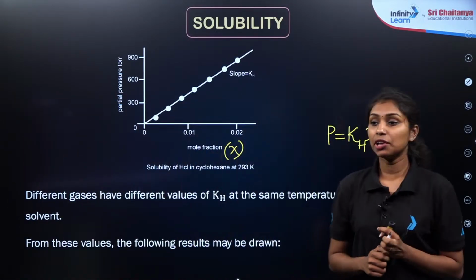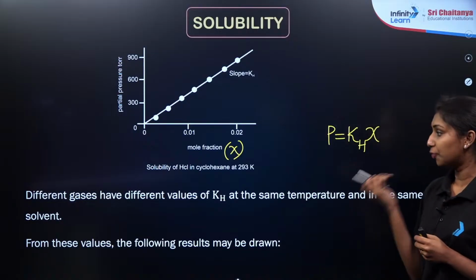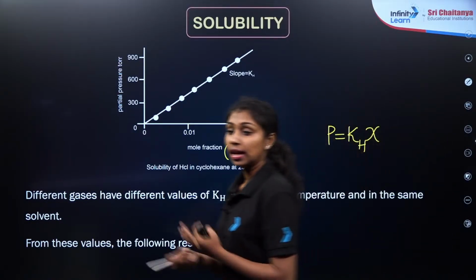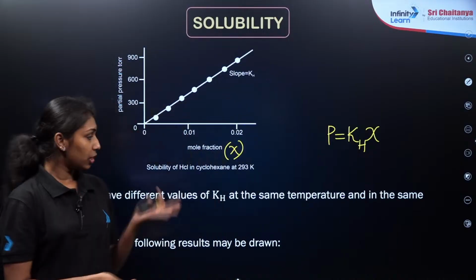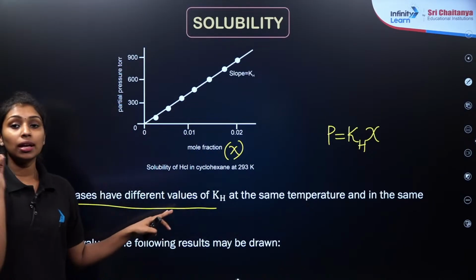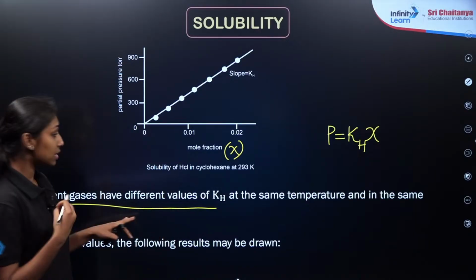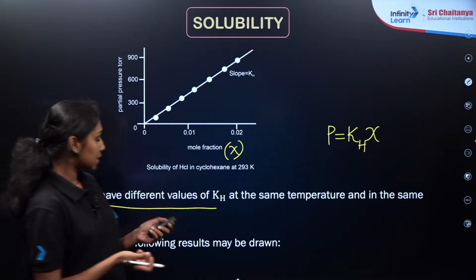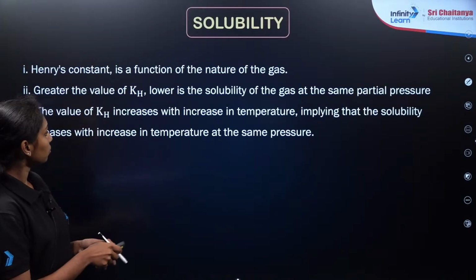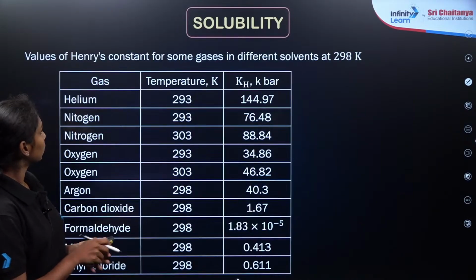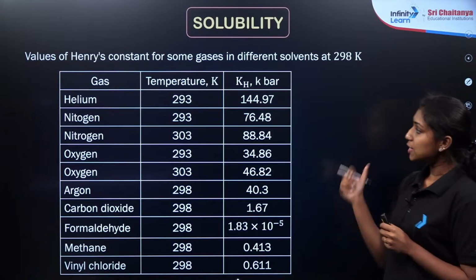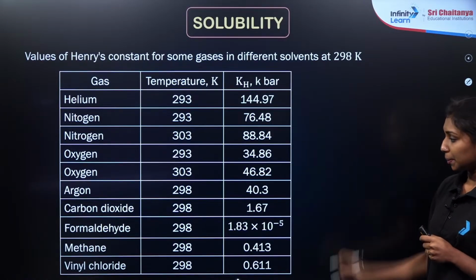So, how the value of KH depends on the different gases. If you are talking about nitrogen, oxygen or any other gases, this KH has different values for different gases. Different gases have different values of KH at a particular temperature and a particular solvent. So, let us see the values here. This is the particular value of KH for different gases at different temperatures.